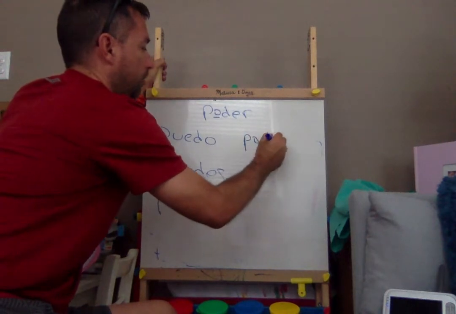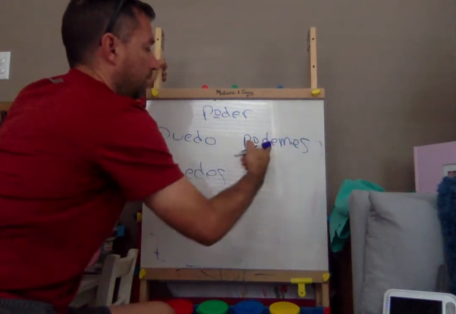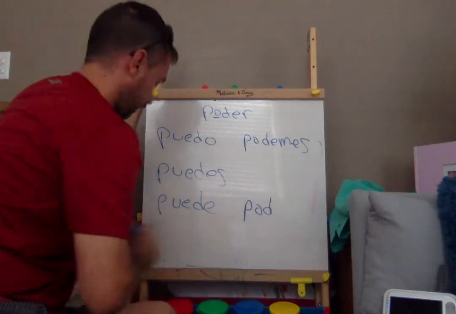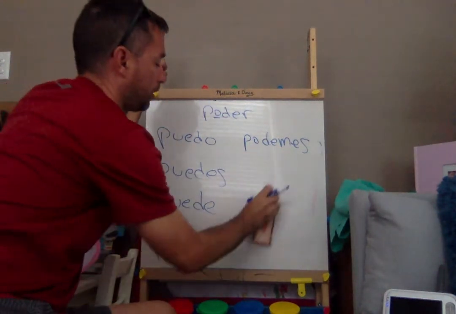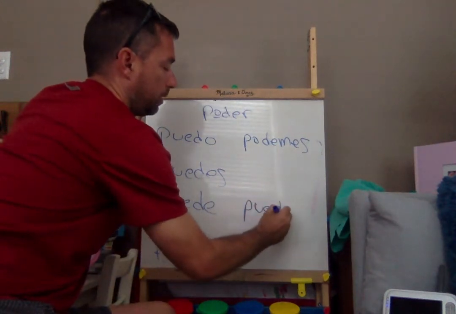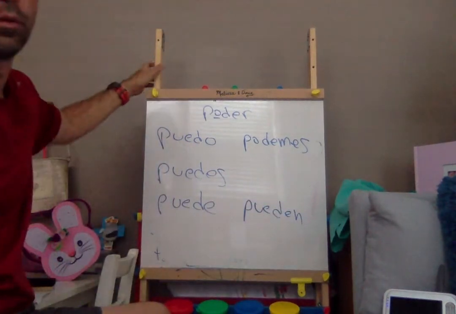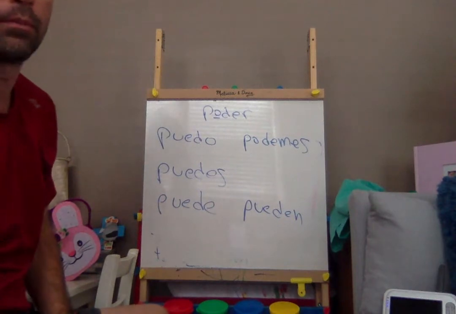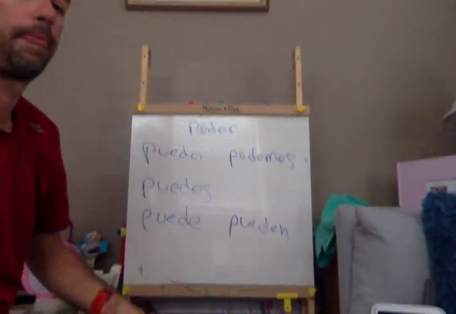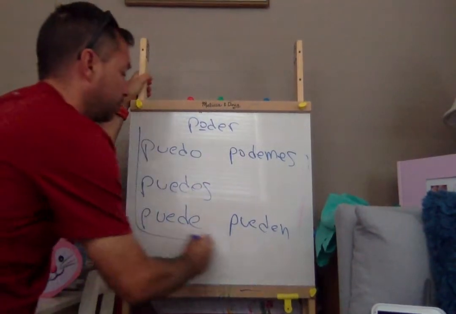We do not stem change in the nosotros form. And we do stem change in the ellos form. So there you go. Bring it a little closer so you can see it. And once again, the boot.